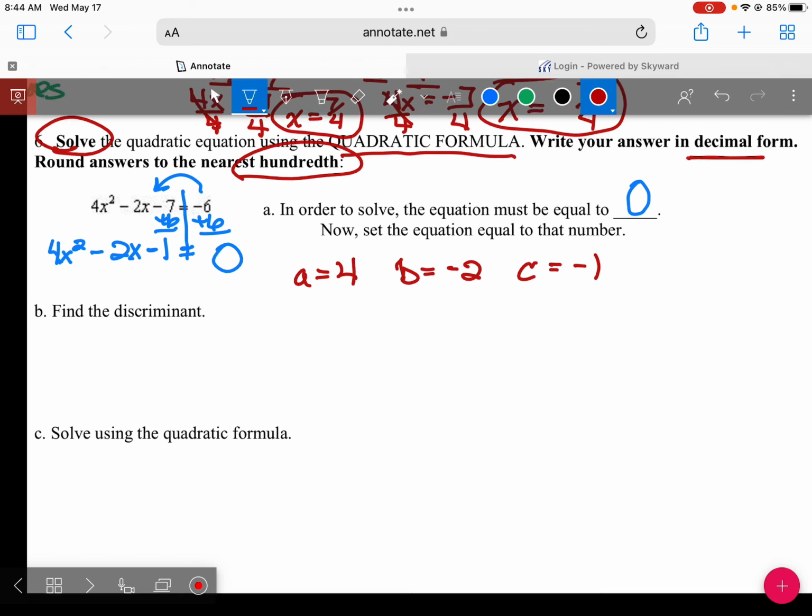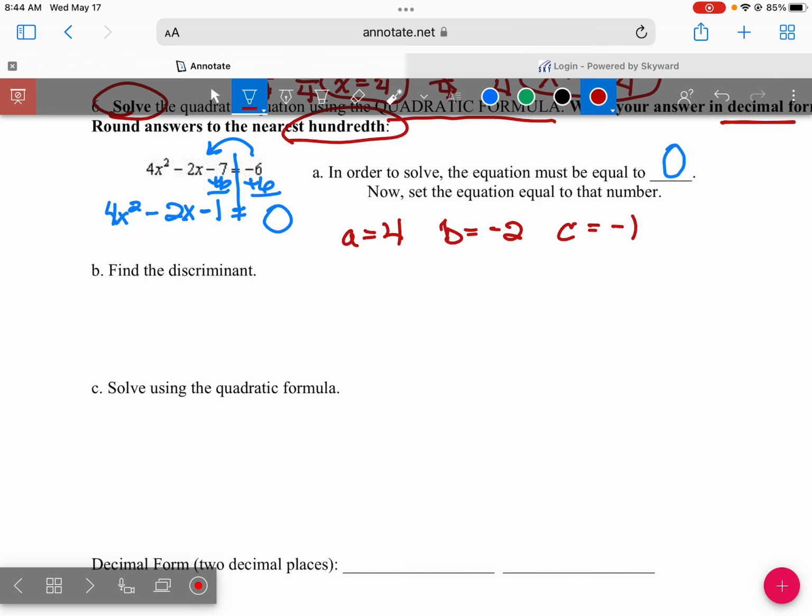The discriminant. Do you guys remember what the discriminant is? It's the part underneath the radical of the quadratic formula. So it's b squared minus 4ac. So now we substitute these values into that expression and simplify. So negative 2, put it in parentheses, squared, minus 4 times my a value of 4 times c, which is negative 1.